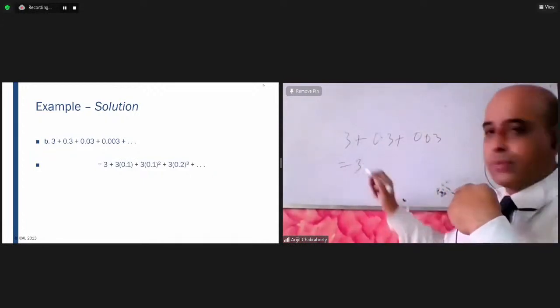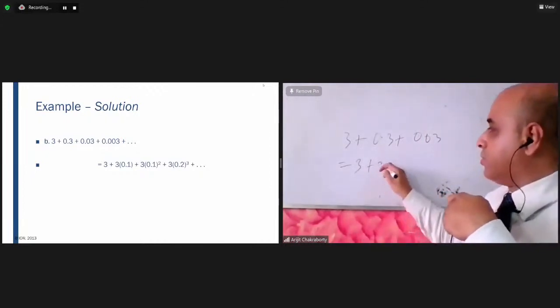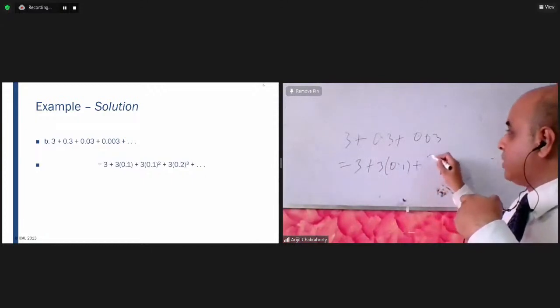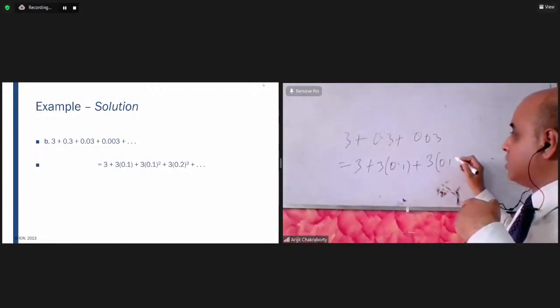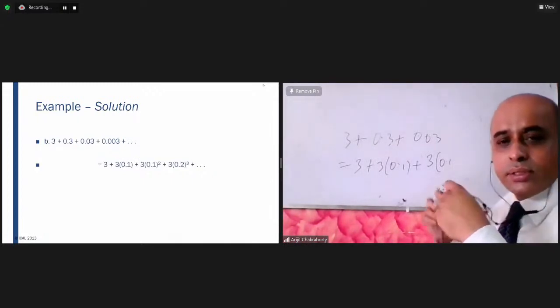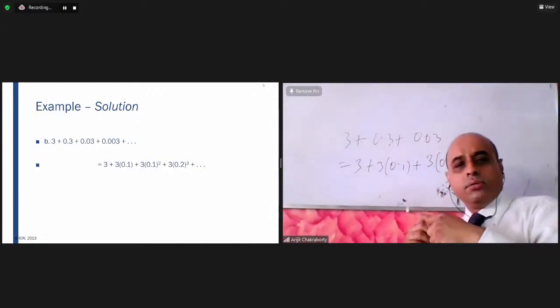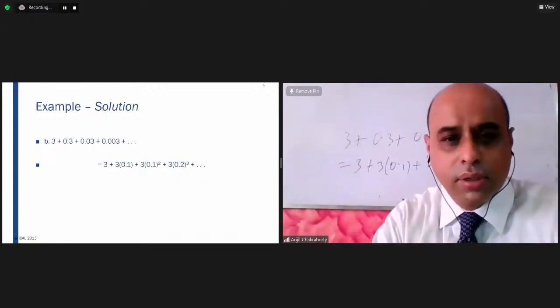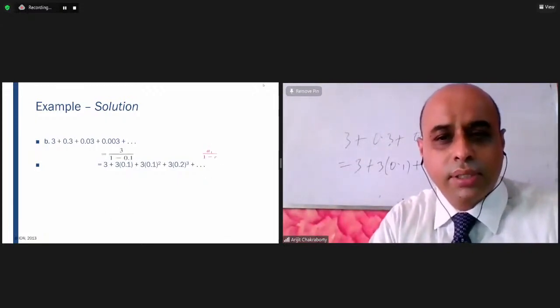So it boils down to 3 plus 3 into 0.1, because 3 into 0.1 is 0.3, plus we can write 3 into 0.01, that is 3 into 0.1 to the power square, and 3 into 0.1 to the power cube, and so on. This becomes an infinite series.